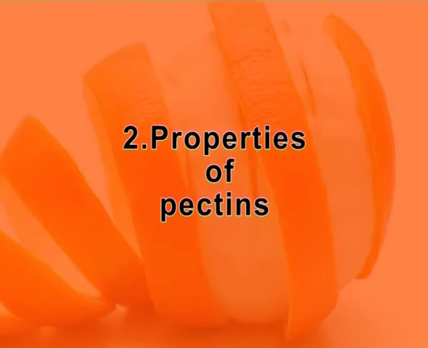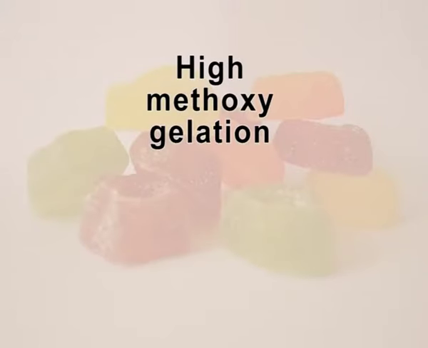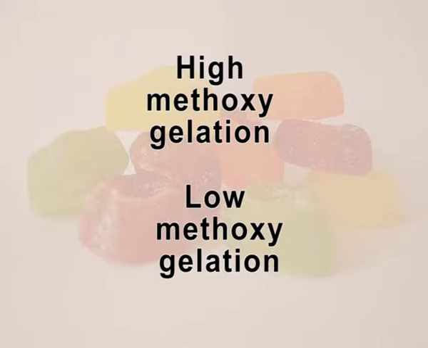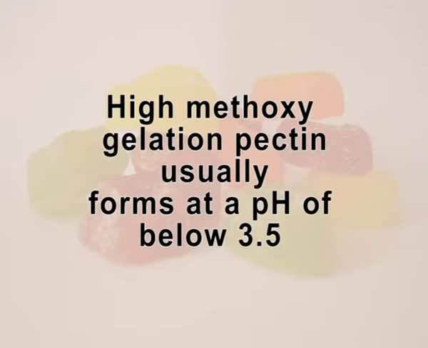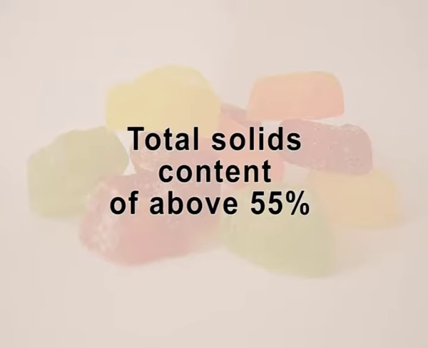Next, properties of pectins. The gelation properties of pectins can be divided into two main categories: high methoxyl gelation and low methoxyl gelation. High methoxyl pectin usually gels at a pH below 3.5 and a total solids content above 55%.